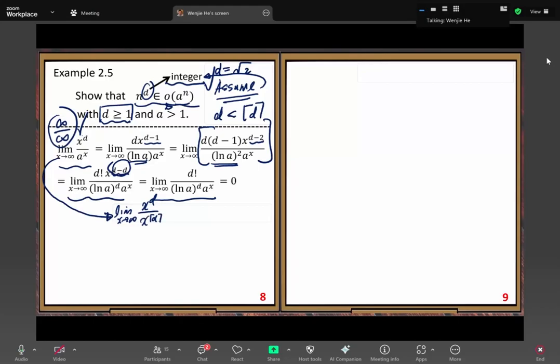The denominator, we intentionally put a power function x to the ceiling of d. Then we have to make it up. We cannot put it there for free, right? So we have to put x to the ceiling of d in the numerator, then over a to the x.